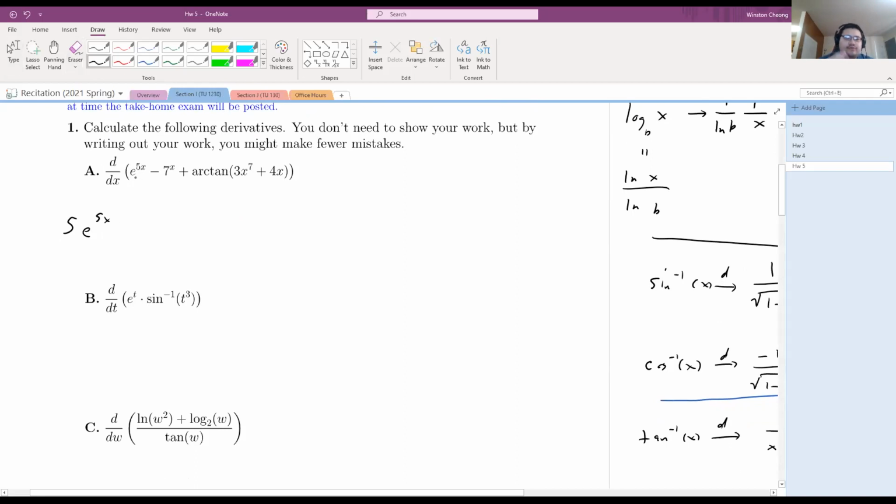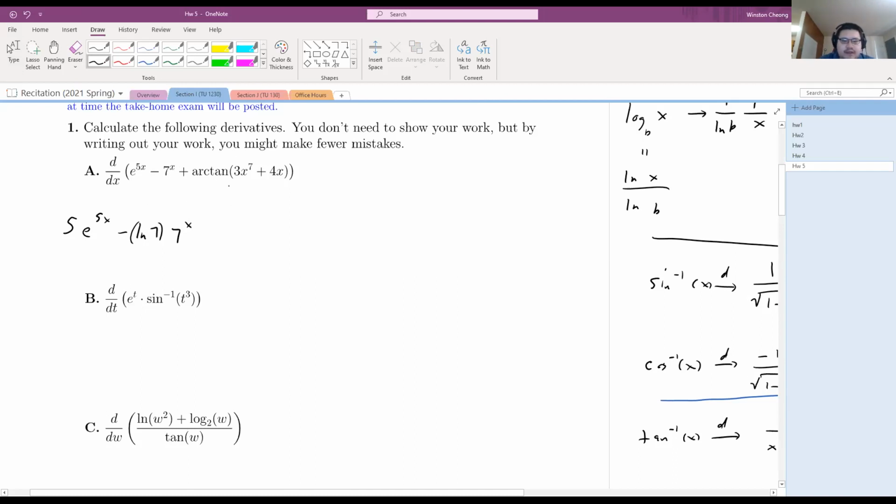This next one is a general exponential, so your base is not e, and you've got that little correction term. The correction term pops out: you have an ln of 7, which I like to put in parentheses to remind myself it's a number. And then you've got the 7 to the x because it's an exponential function.